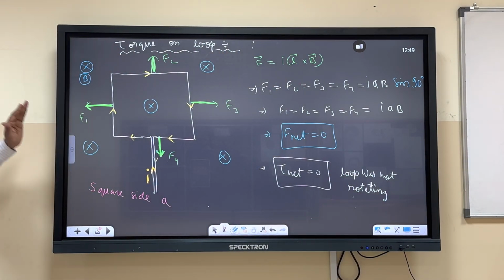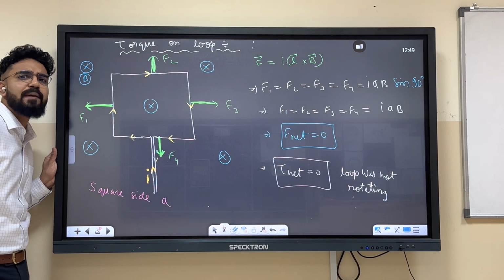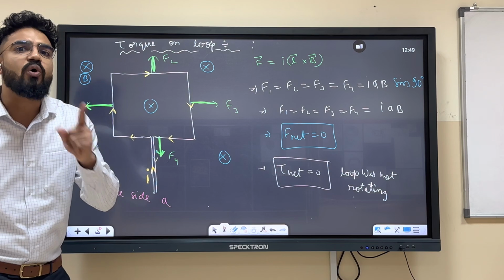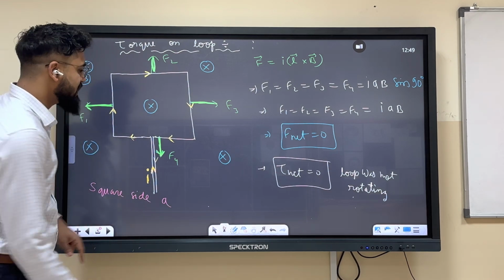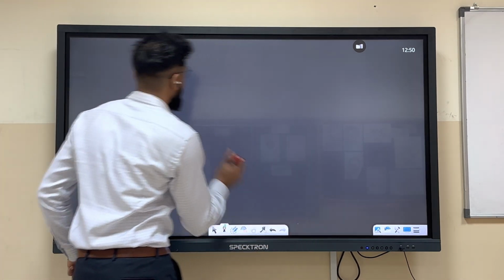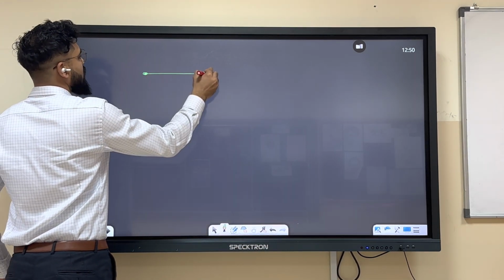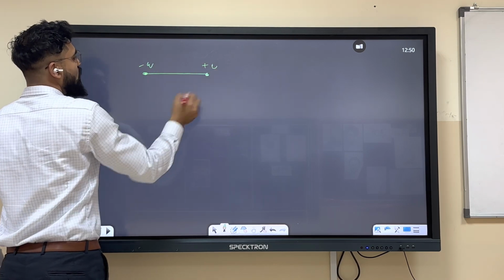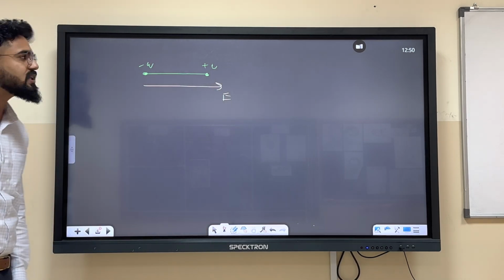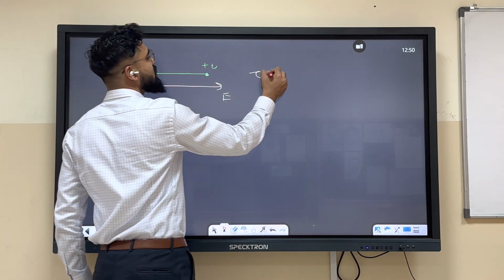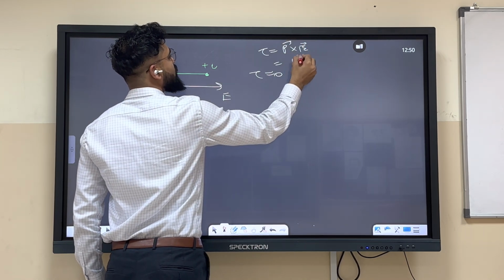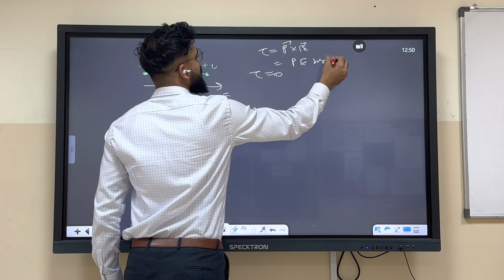So can you recall the same thing for electric dipole? Over there F net was also 0. Can you recall negative Q, positive Q over here, and the electric field in this direction? The torque on this was 0. Why? Because torque equals P cross E, so it will be sine 0.